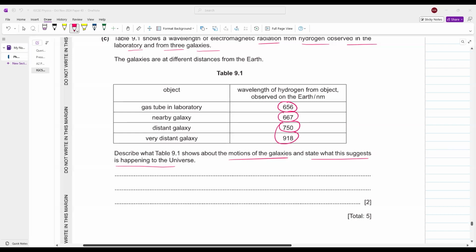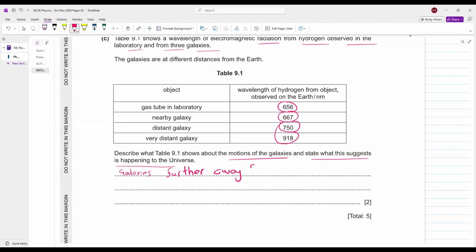The galaxies further away are receding with a higher redshift. That means galaxies जितना आपसे दूर हैं उनके पास ज्यादा redshift है. That means the universe is expanding. So you will say galaxies further away. I think this is the last question because we have already spent too much on this paper.